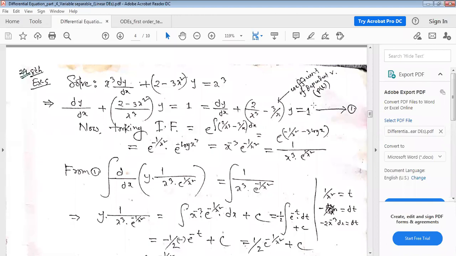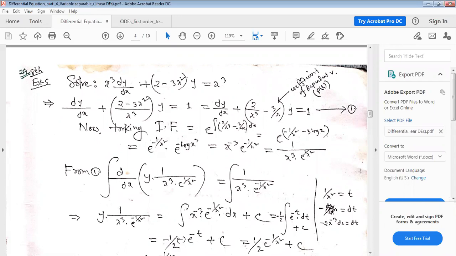Q means constant. Okay, so integrating factor will be e to the power integration of p into dx. So integrating this, we can write e to the power 2 by x cube integration, what will be? x to the power minus 3 plus 1 divided by minus 3 plus 1. So minus 1 by x square, 2 will be cancelled. And 1 by x formula is log x.